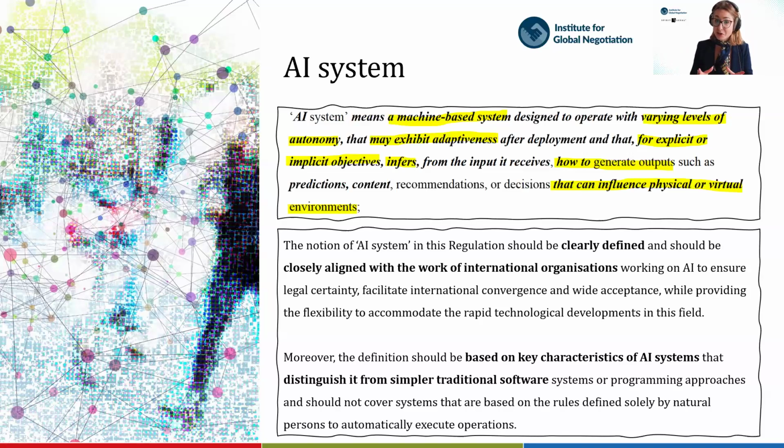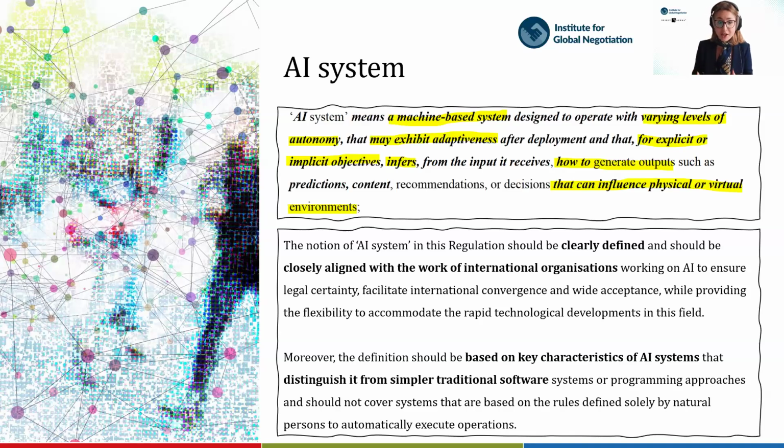Inference in this context is a computer science word, not a legal reasoning kind of word. So again, here we cross this bar very soon, and that can influence physical or virtual environments. Well, as soon as you implement it into any process, give it to a human, it will influence at least that process or that human. So again, here the bar is set really, really low.